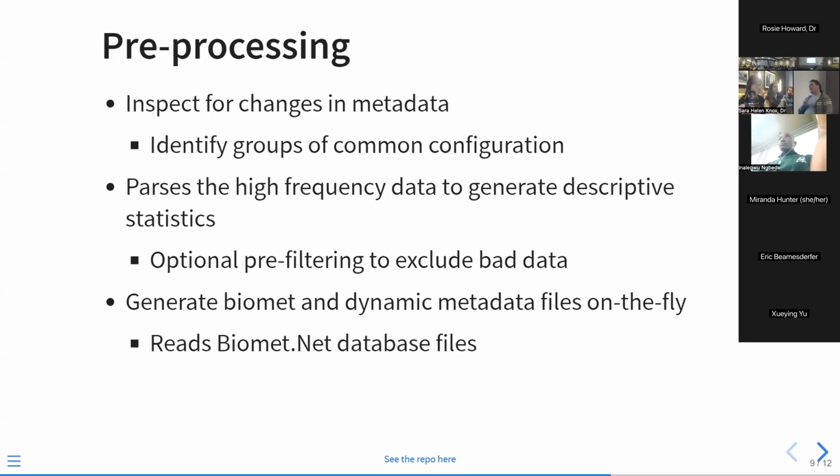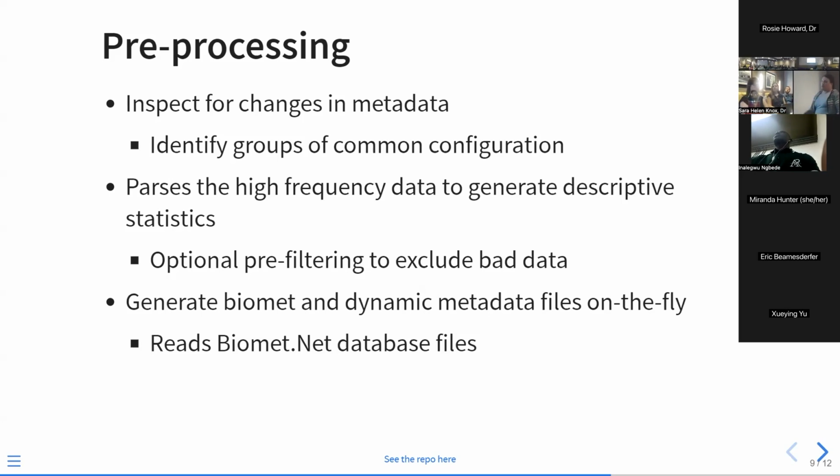And so that's important if you're trying to, say, apply spectral correction. You want to make sure that you're not grouping data with vastly different site configurations into the same run to generate spectral correction files for what is ostensibly 2 different setups.